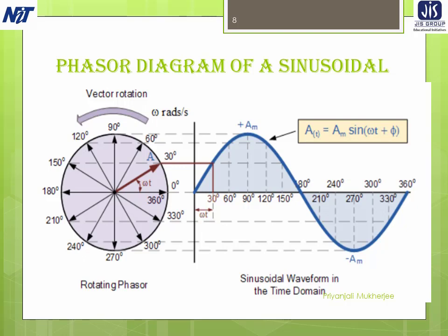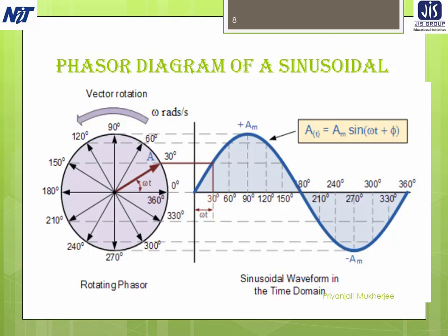Now consider the phasor diagram of a sinusoidal wave. If we consider the center as O, then this OA, a phasor, represents to scale the maximum value of an alternating quantity.